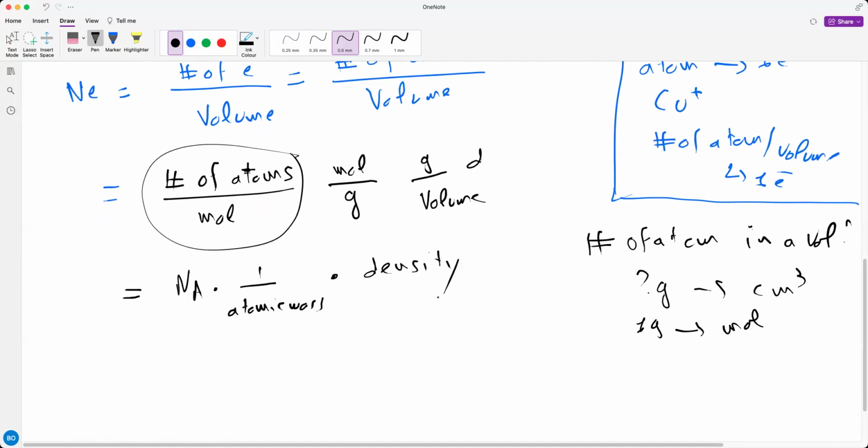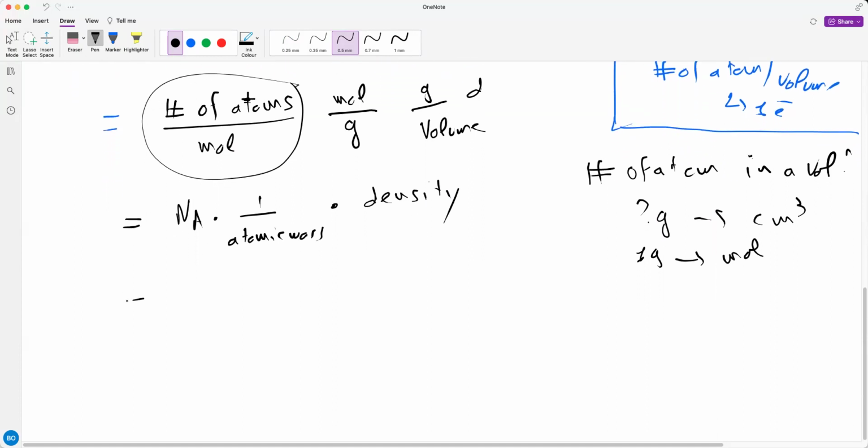Please remember this. You want to calculate the number of atoms per volume. What you have to do first: how many atoms in 1 mole? And in 1 mole, how many grams? In 1 gram, how many volume?